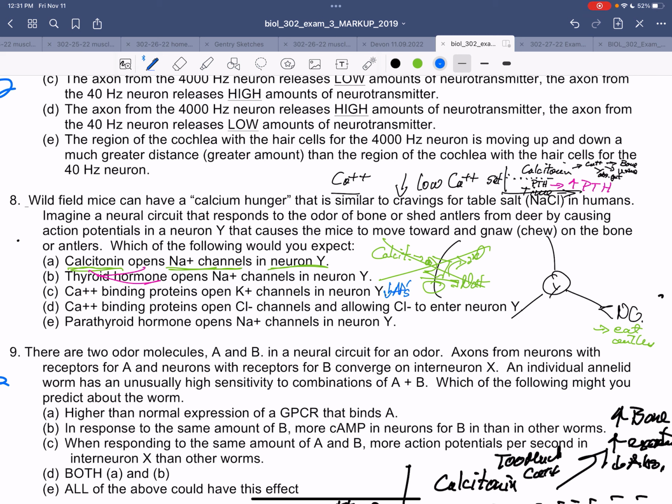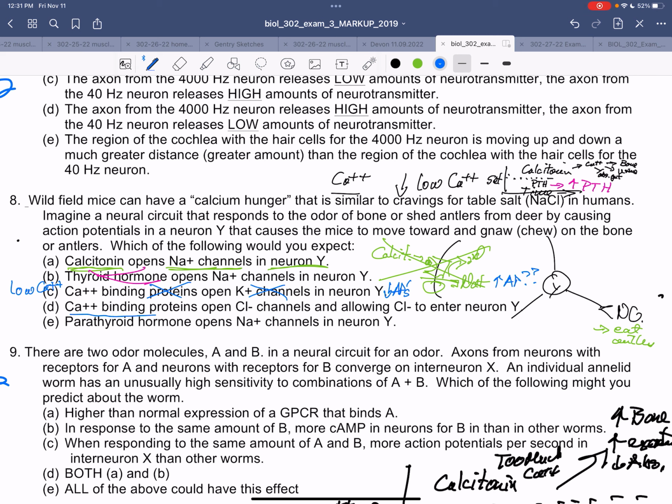Well, if there's low calcium, then we would have fewer of these. We'd have fewer calcium channels open. So with fewer calcium channels open, there's a possibility that we'd get more action potentials.